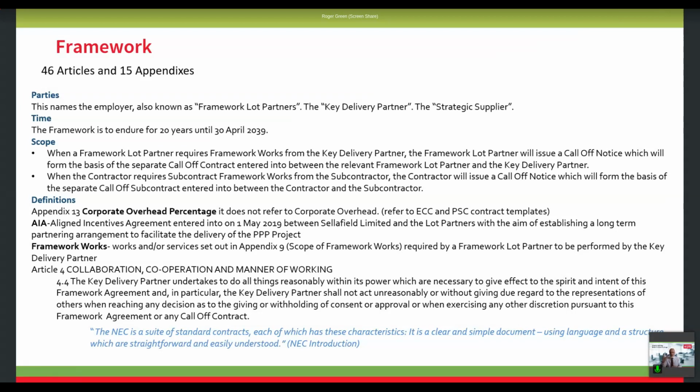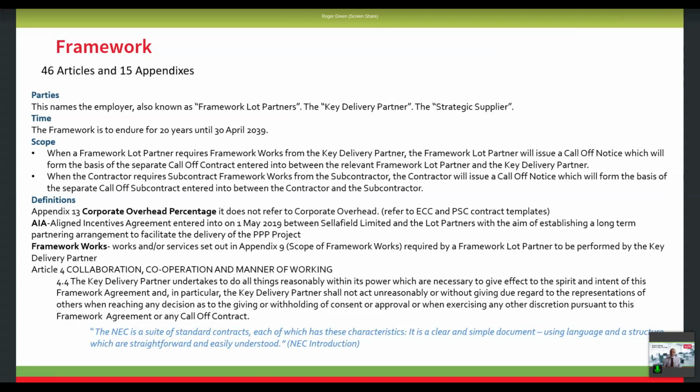The corporate overhead then comes at a later stage. So it's effectively a new schedule of cost component, and it identifies what parts of the cost have to go into that. We have different templates as we've understood, so either an ECC or a PSC, depending on what type of contract it is.